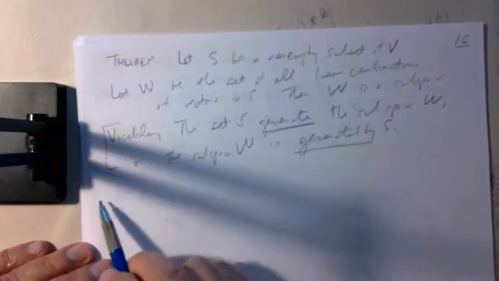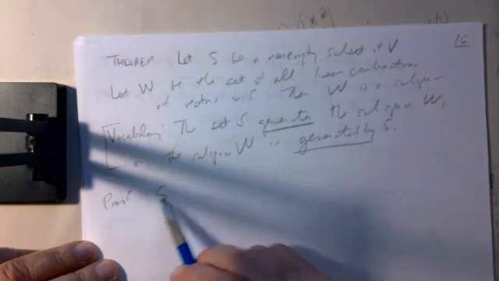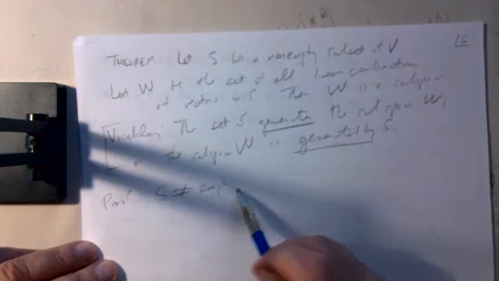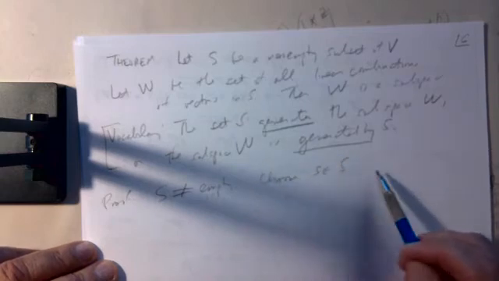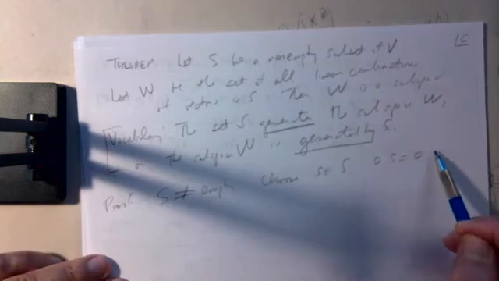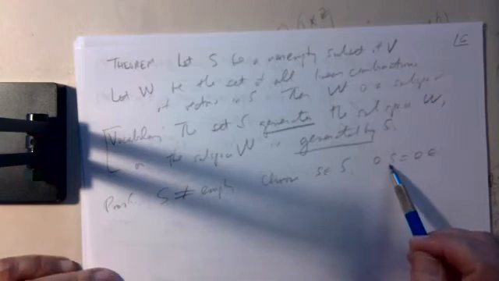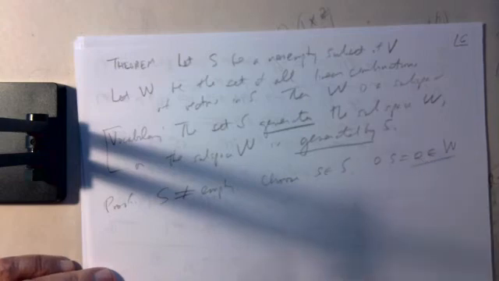And the proof is as follows. First of all, S is not empty. So if you choose a vector s in S, 0 times s, which is the 0 vector, is a linear combination of vectors in S. That's in W. So W contains 0.